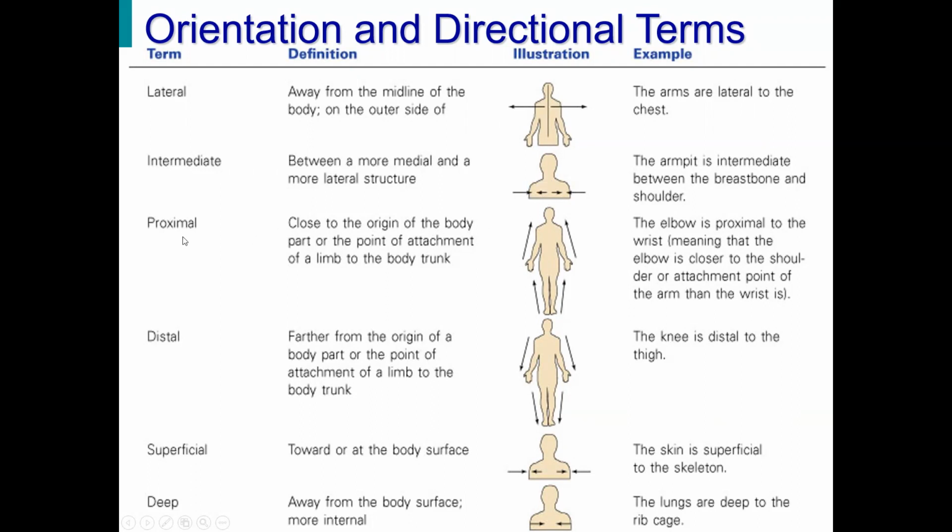Proximal, close to the origin of the body part or the point of attachment of a limb to the trunk of the body. So the elbow is proximal to the wrist. Distal, further away. The knee is distal to the thigh. It's further away from the thigh.